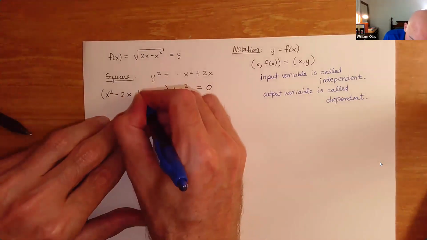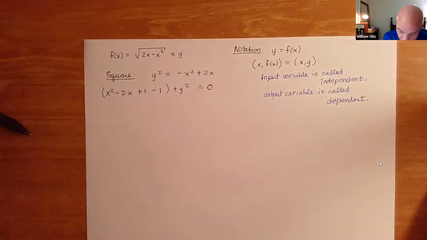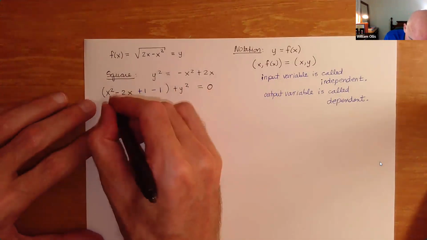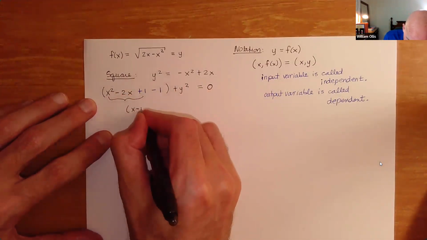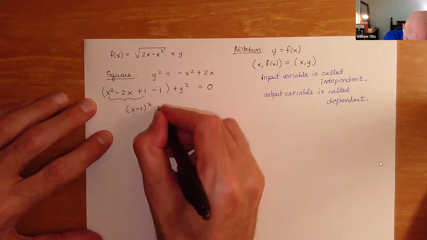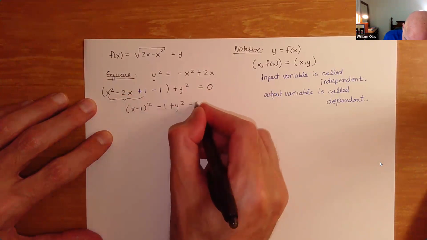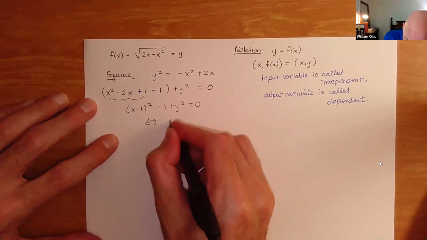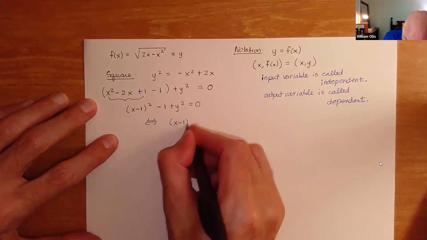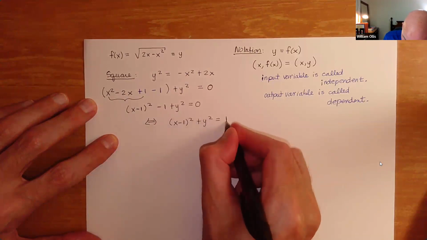That gives us a 1. And then, of course, we add and subtract that. But now this gives us the perfect square. So we have x minus 1, quantity squared, minus 1 plus y squared equals 0. And now just transpose the 1. So we have x minus 1, quantity squared, plus y squared equals 1.